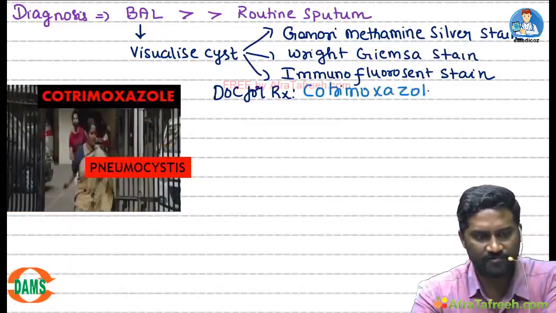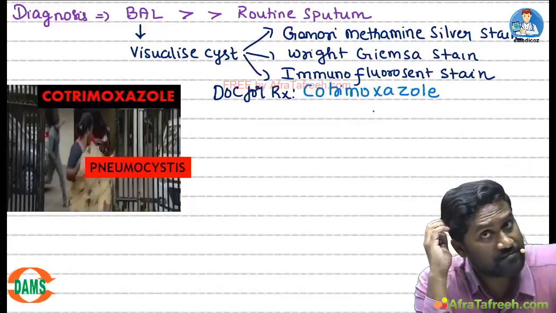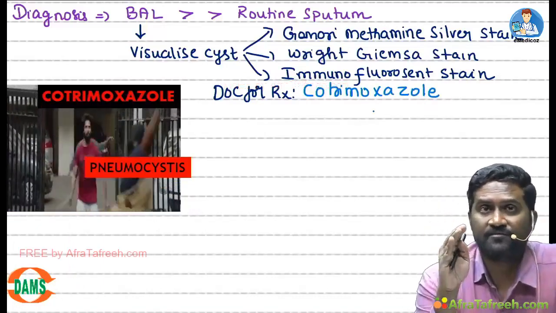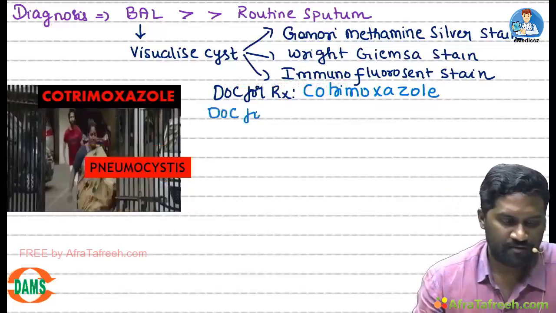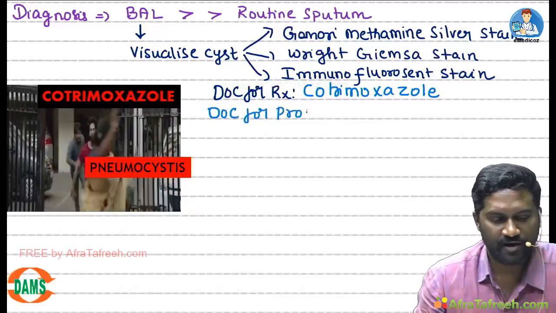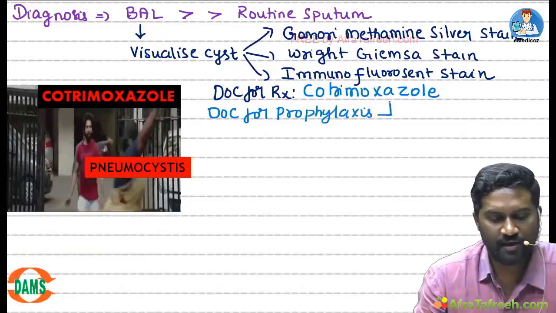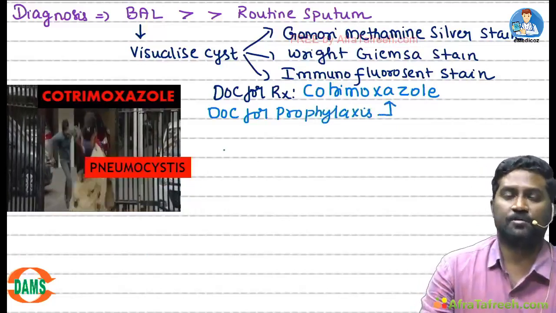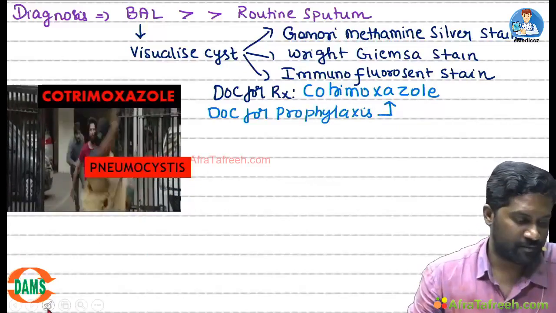The drug of choice for treatment will be cotrimoxazole. Now a few patients with HIV are at risk of developing pneumocystis. What will be the drug of choice for prophylaxis? For prophylaxis also the answer should be cotrimoxazole.